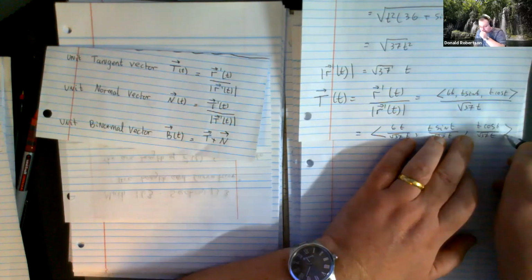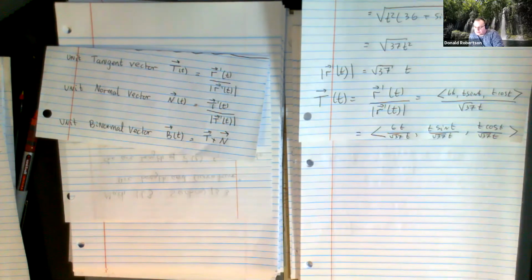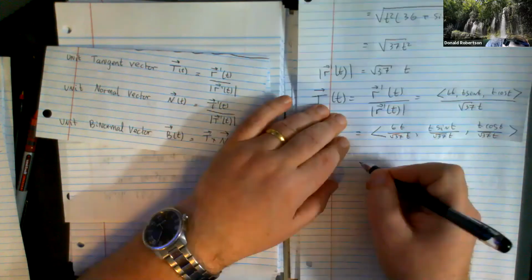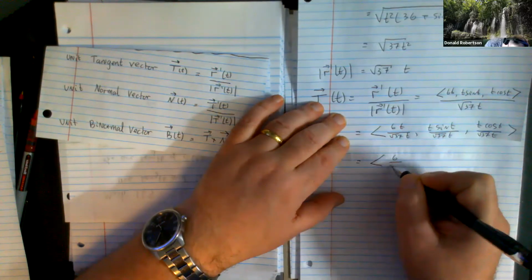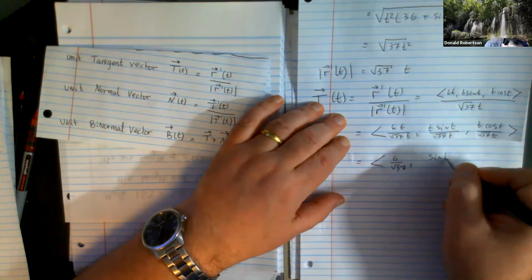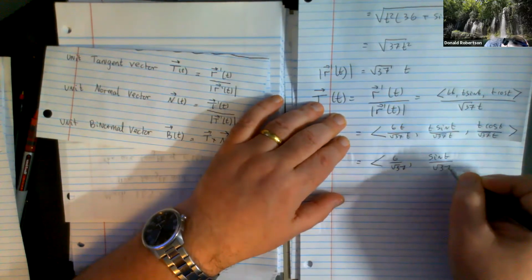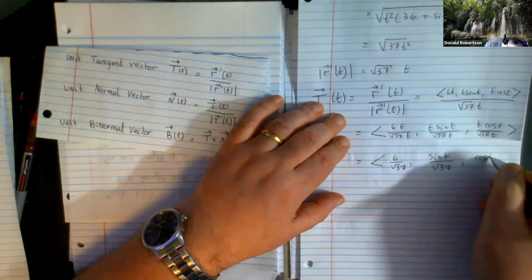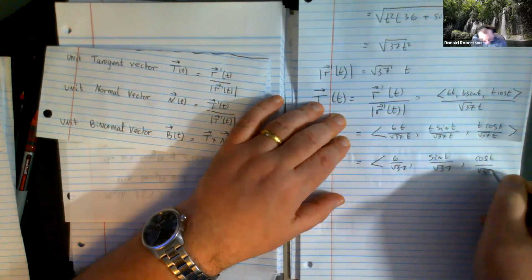And is there any style point thing that we could do here as well? You agree you can cancel a t? And so what do I get? I get 6 over this guy. I get sine t over this guy. And I get cosine t over this guy.